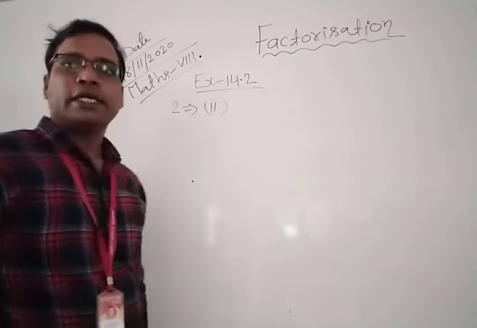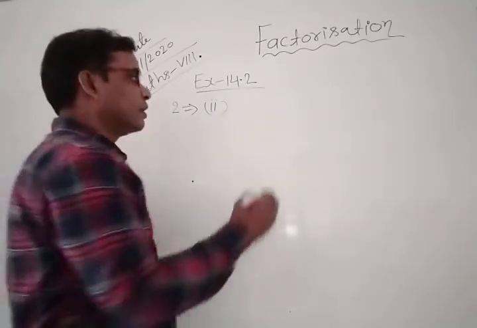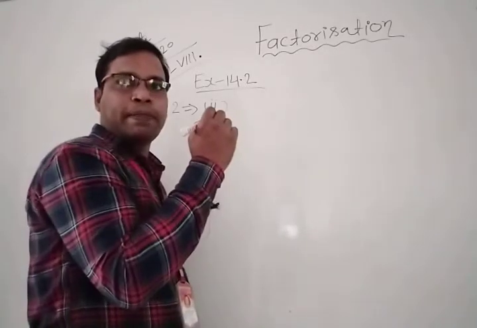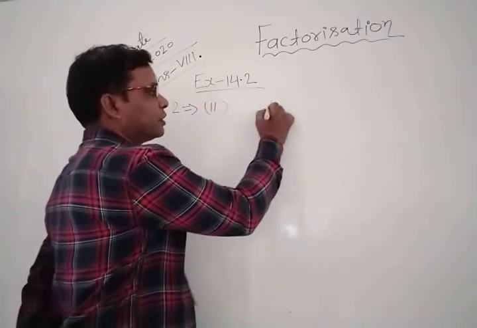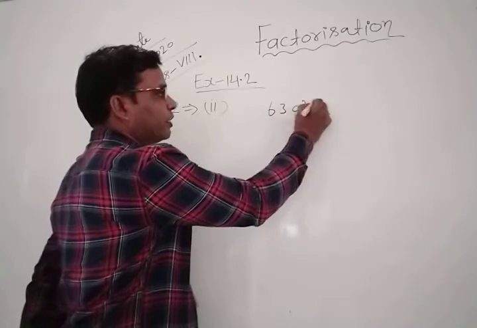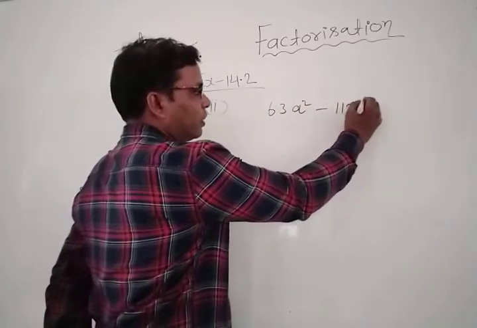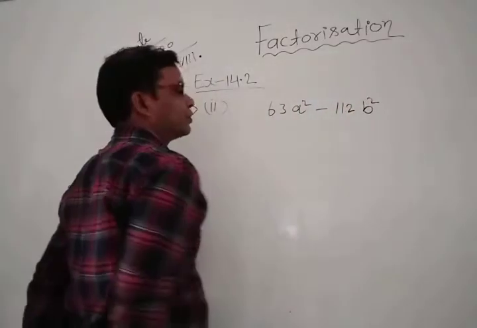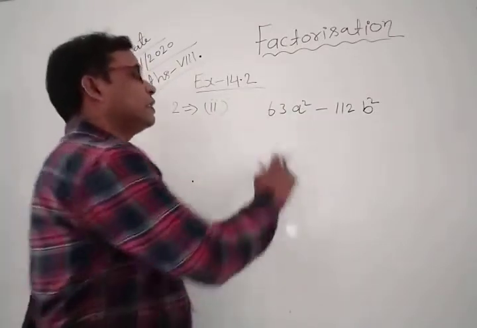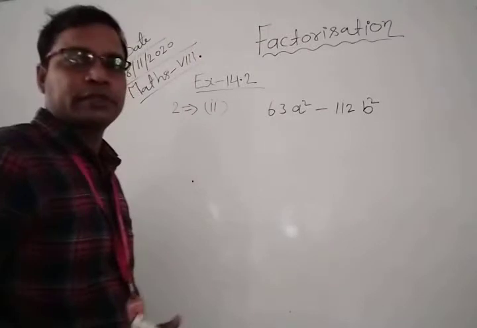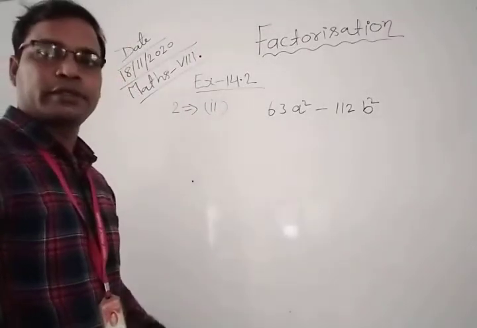This is the second part of question number 2, given here: 63a square minus 112b square. Clear? So what is common between them?